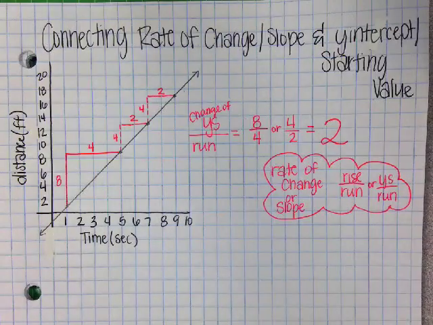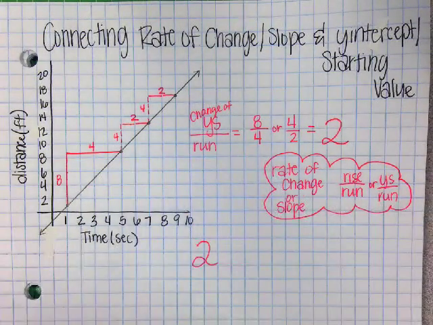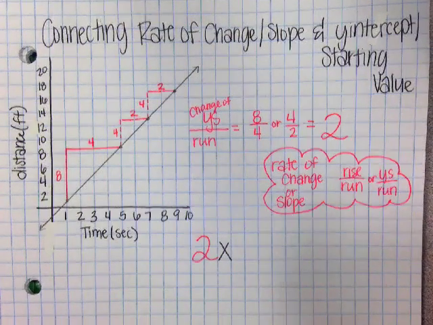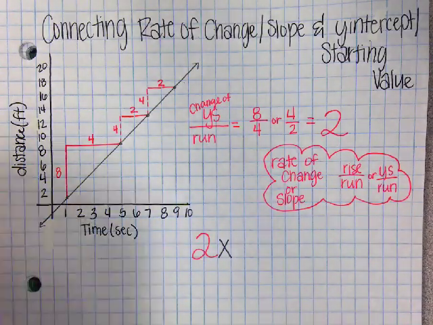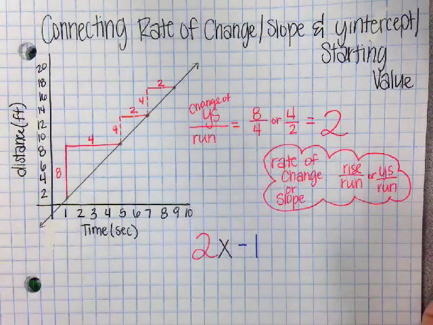Okay, so on our equation we had, from our entry task, 2, and we always multiply the rate of change by how many x's there are, so it's always 2 times x, and then in our equation we had minus 1.